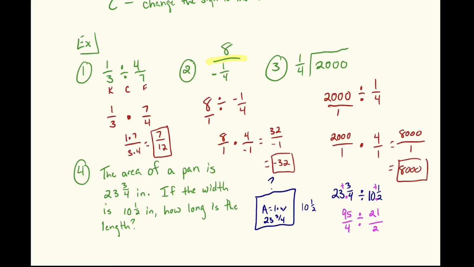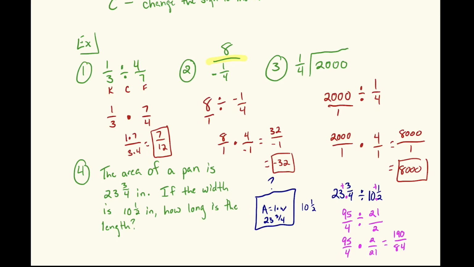From here, now that we have that problem, all we have to do is go through the multiplication process. So we're going to keep the first. We're going to flip the second. We're going to change the sign. So that ends up giving me 95 times 2, which is 190. And 4 times 21, which is 84.